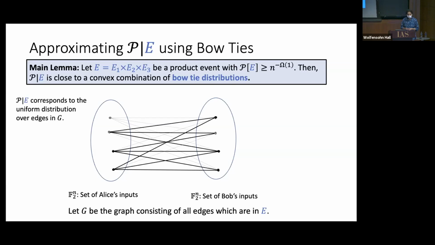It's an induced subgraph, right? E1 is just an event on questions to the first player. So it may remove some vertices from the left side. So what you see is there's still a complete bipartite graph, but on subsets of the vertices to Alice.